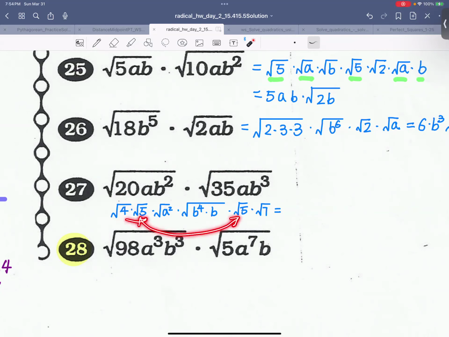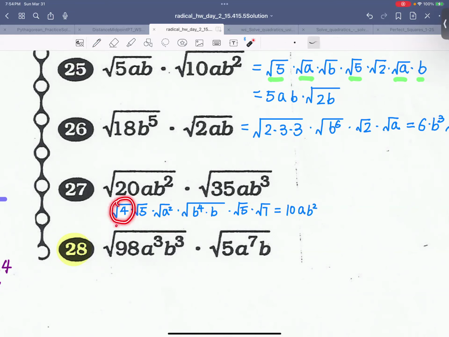So 2 times 5 will be 10. You got it? Yes. And then this one, you have what? A squared. No, square root a squared is a. Don't make the same mistake again. This is a, okay? That guy becomes how much? A B squared. Yes. So you have 10a b squared in the front.